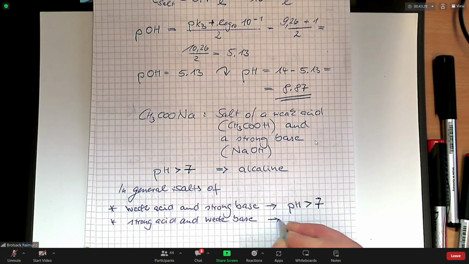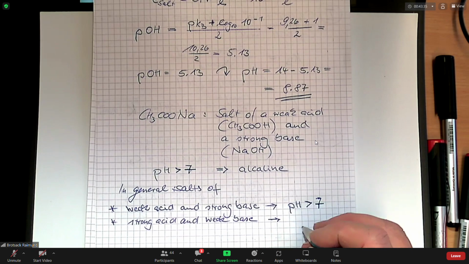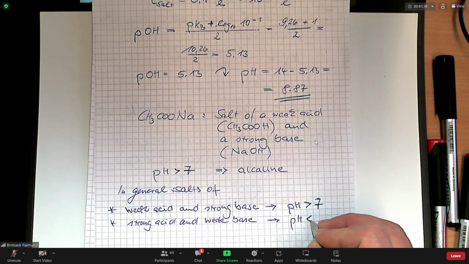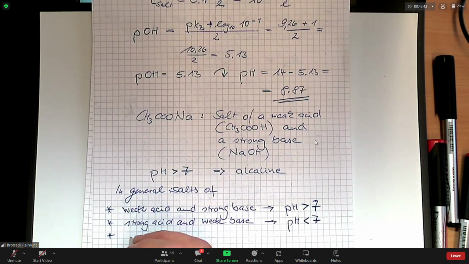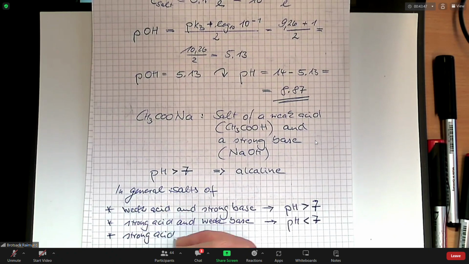What do you think is the pH of a strong acid and a weak base? The level, is it below 7? Yeah, pH is below 7. And the third option, a strong acid and a strong base.